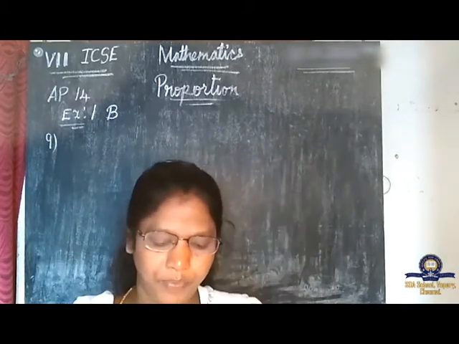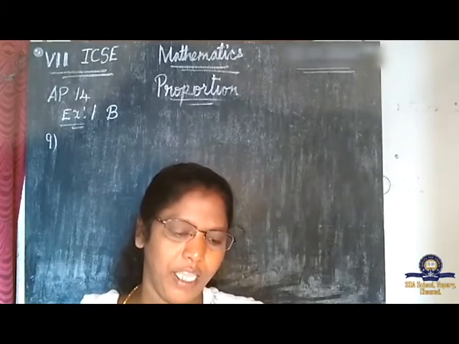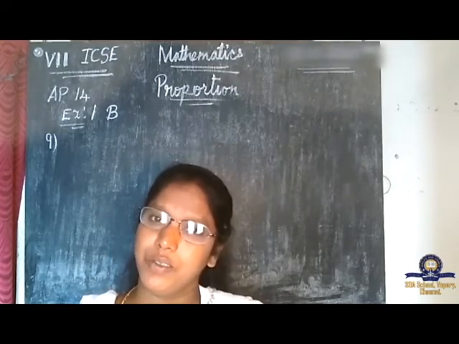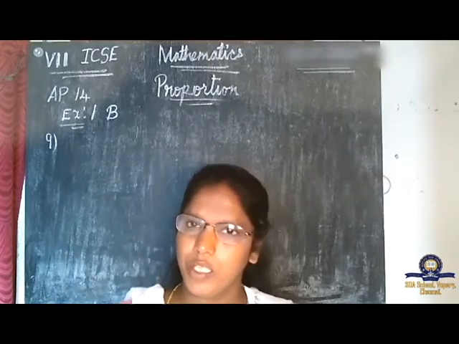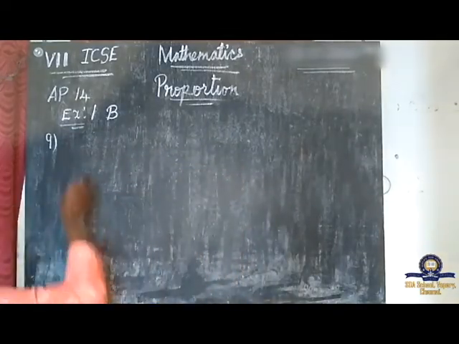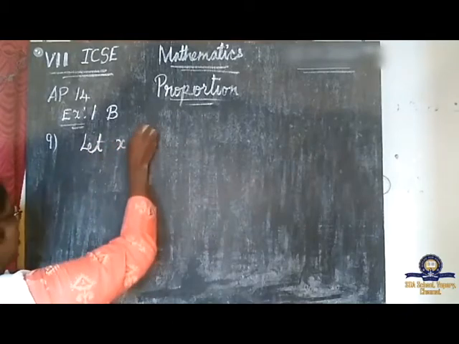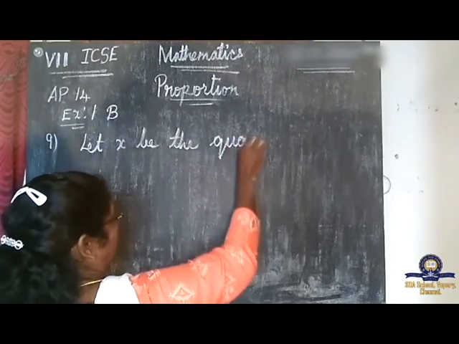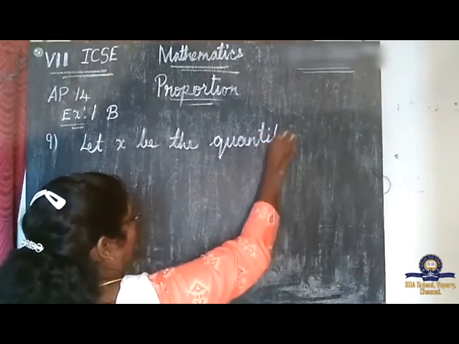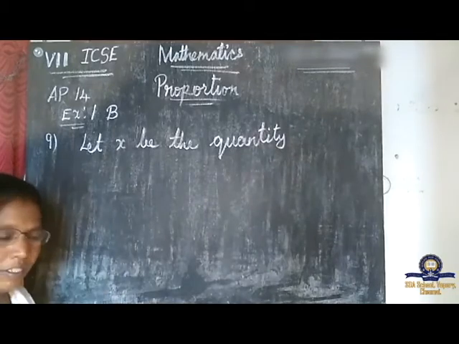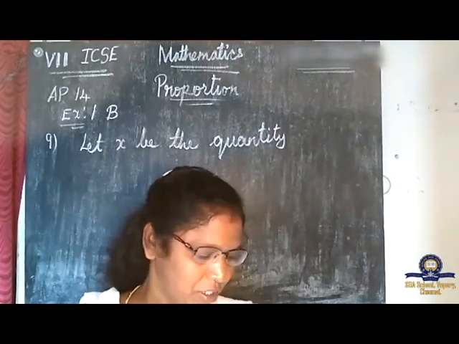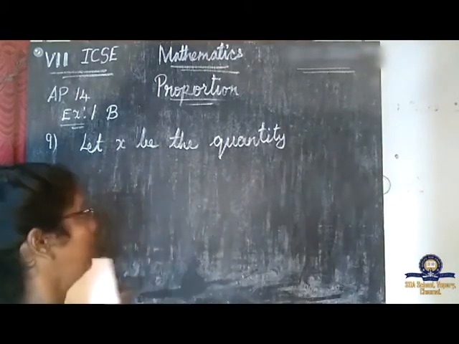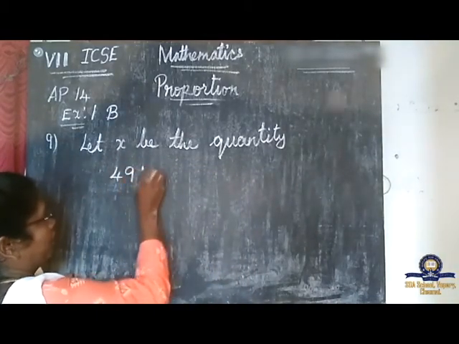Let me read the question. If the ratio that 49 bears to a quantity is the same as the ratio that the quantity bears to 81. Here also we don't know the quantity. So let x be the quantity. According to the question, 49 bears to a quantity means 49 is to x.